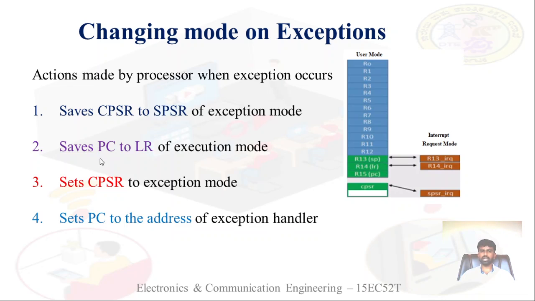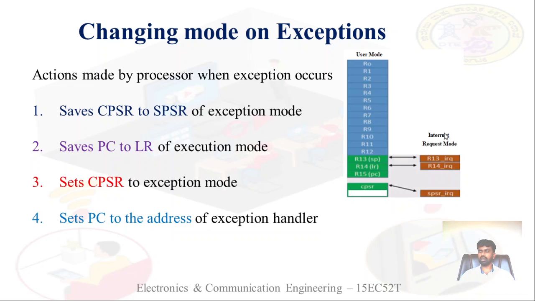After that, it saves the program counter value. What does the program counter do? It holds the address of the next instruction to be executed. But in this case, it will go to some other mode. That's why the next instruction address of user mode should be stored into the link register of that exception mode.